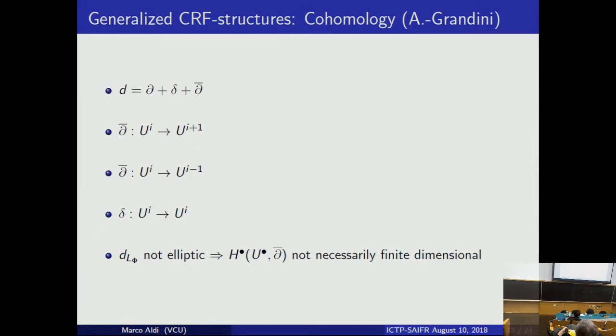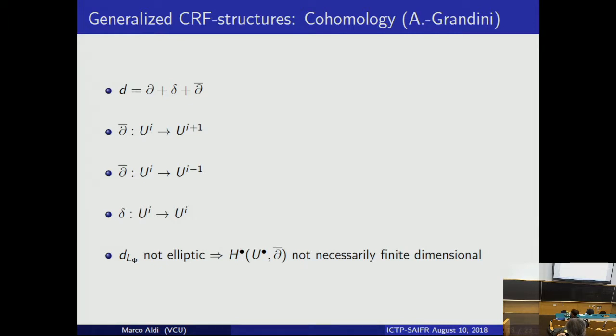Here is an unfortunate typo. This should be just del, not del bar. But the main feature for generalized CRF structure is that now you have an extra piece, delta, that keeps the degree the same and corresponds to the kernel of phi, essentially.